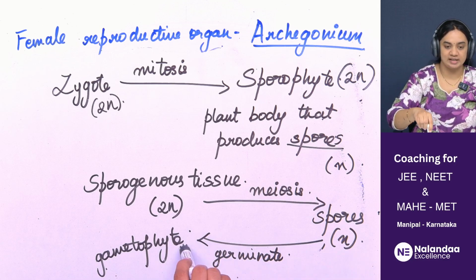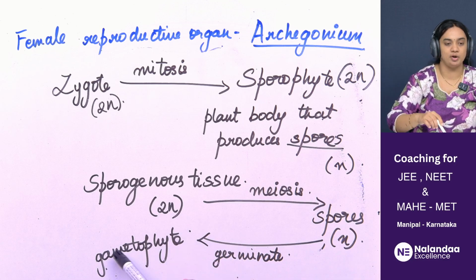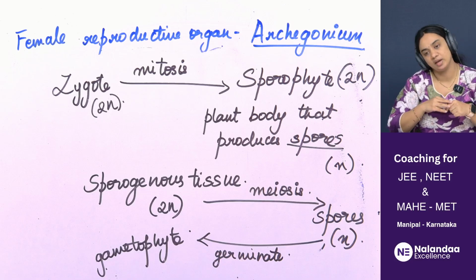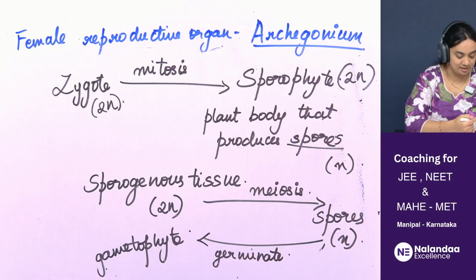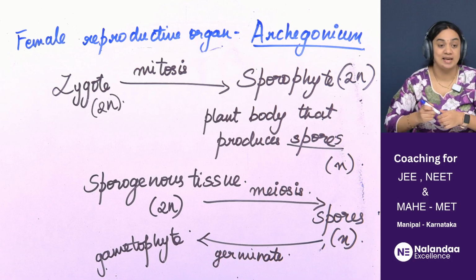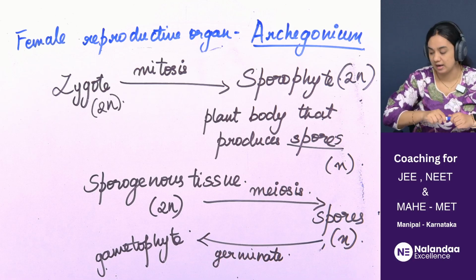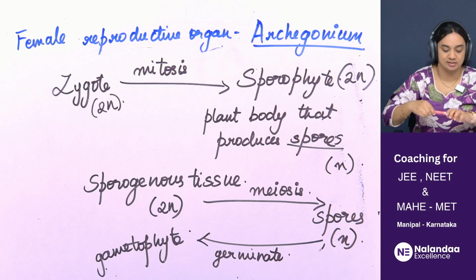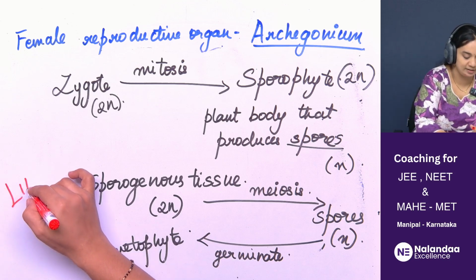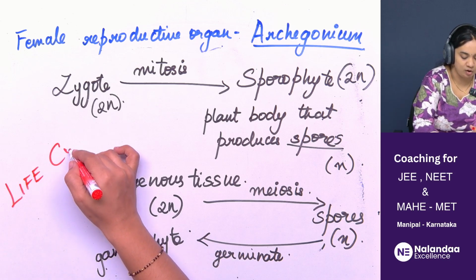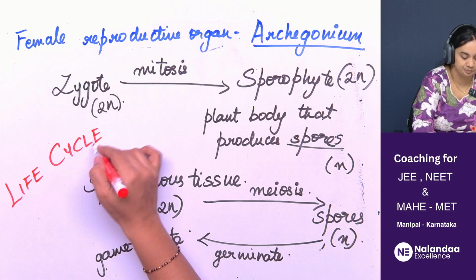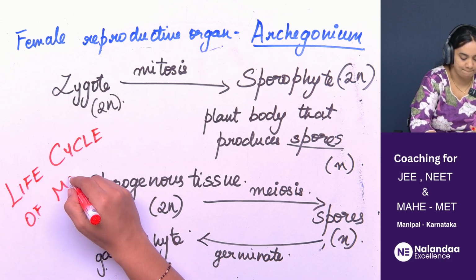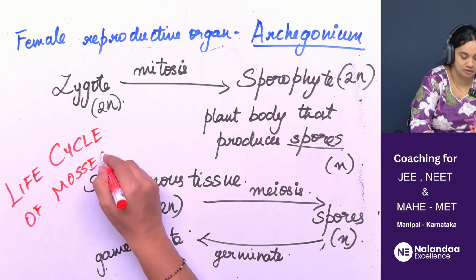Once the spores get released, they will germinate to produce the gametophyte again. So this is the life cycle of mosses, or the life cycle of bryophytes. Is this clear? This entire thing is the outline of the life cycle of bryophytes or mosses.